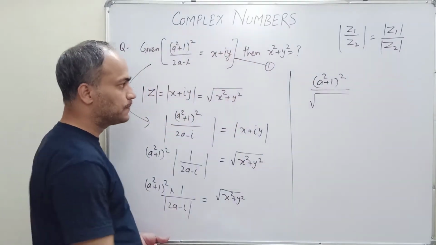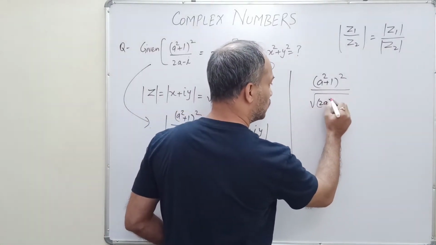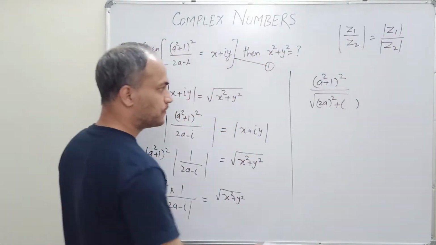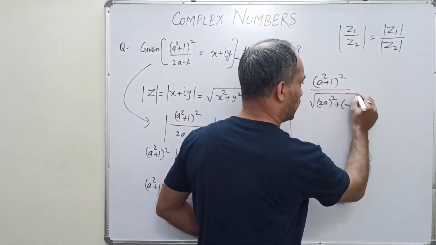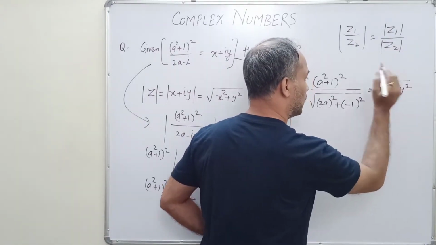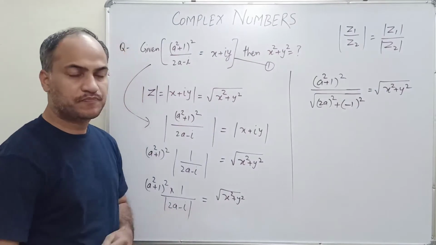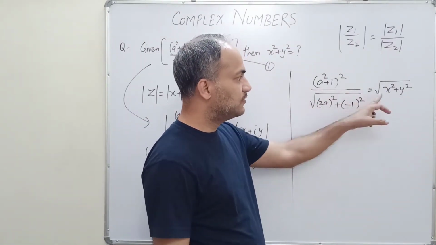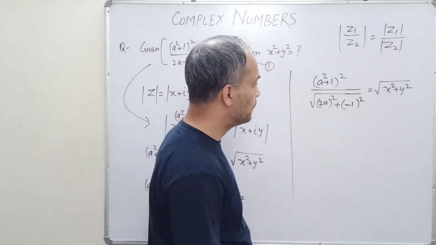This will be a, whole square, and similarly the imaginary part is minus 1, whole square. This is square root x square plus y square. Okay, we have got this. So when we simplify this, we have to take the square root on both sides.